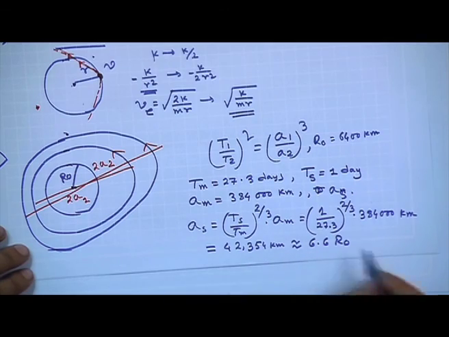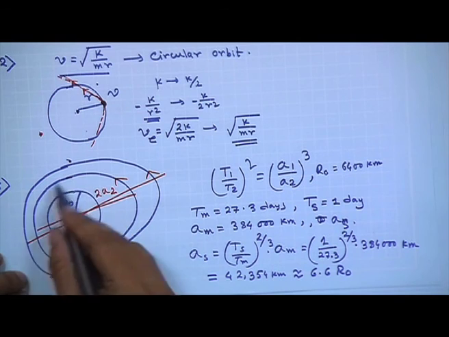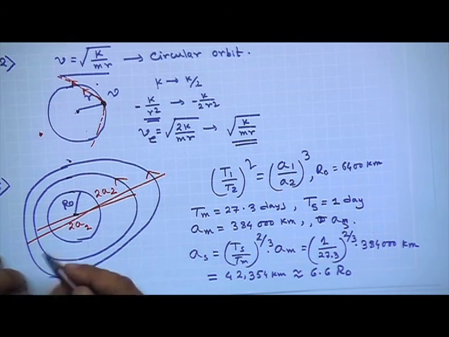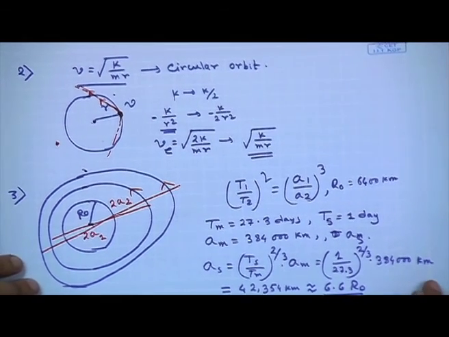Each of these orbits has a very specific name to it, but we are not going into the details of it. There is a lower circular orbit, there is an upper circular orbit. Okay. But the geostationary orbit is what we are interested in, and we have seen that it is 6.6 R0. Okay. So, for now we have to stop here, we will continue once again. Thank you.